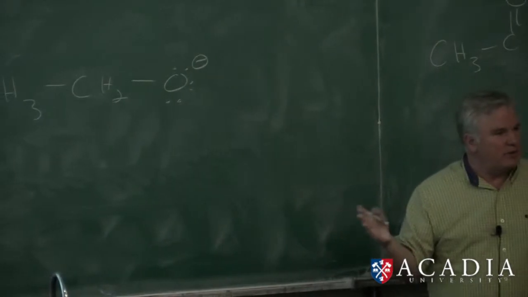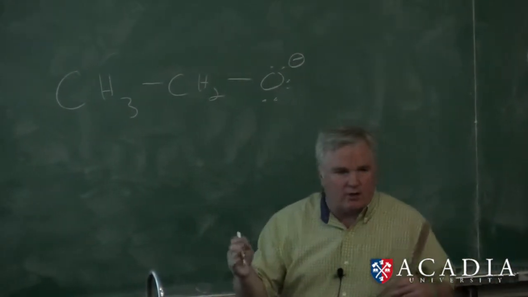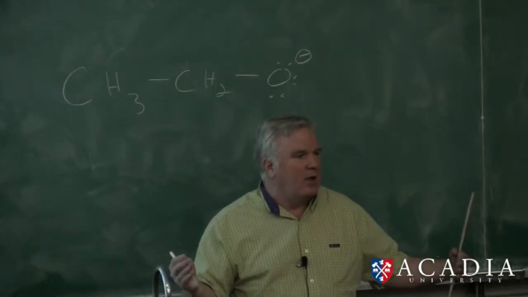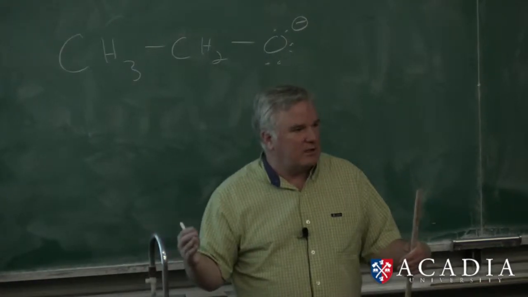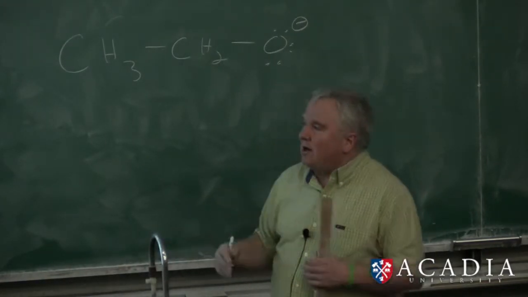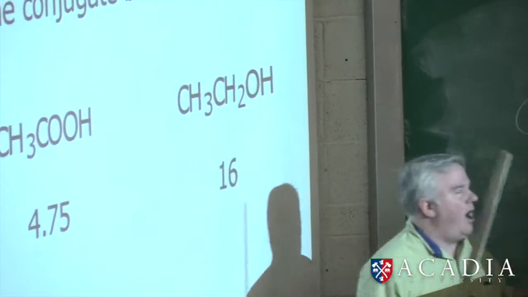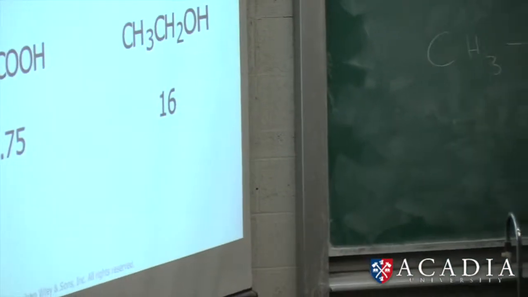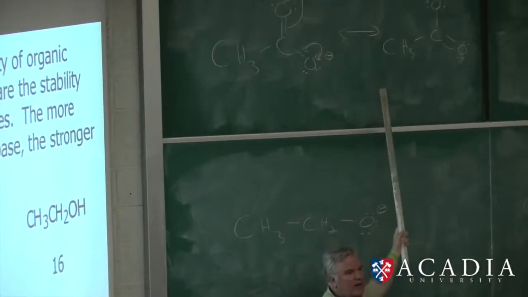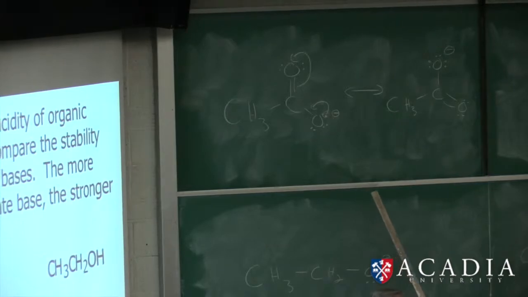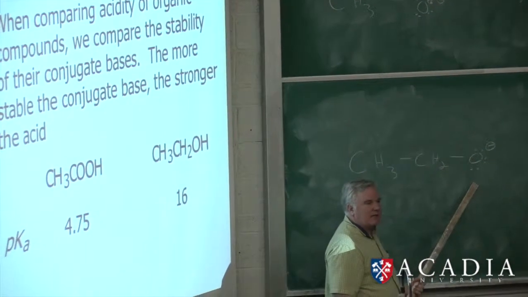It can't be shared between a couple of different oxygens. And when we can disperse charge amongst a greater number of atoms, we have stabilized that compound relative to not being able to disperse that charge. So we talk about the fact that this is a better acid because we're forming a more stable anion. That reaction will be lower in energy than this one, which we cannot stabilize.